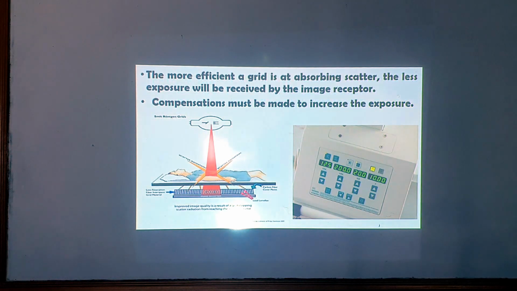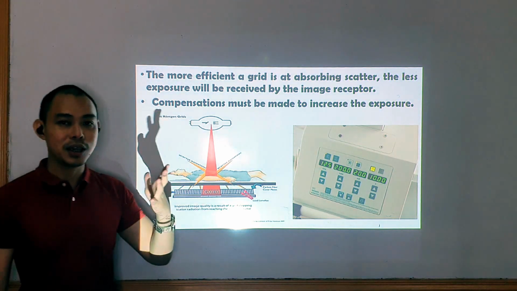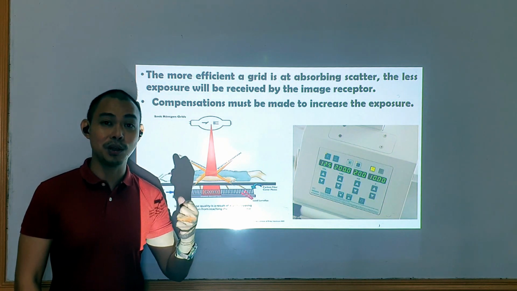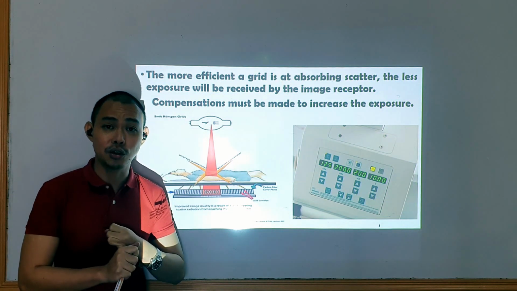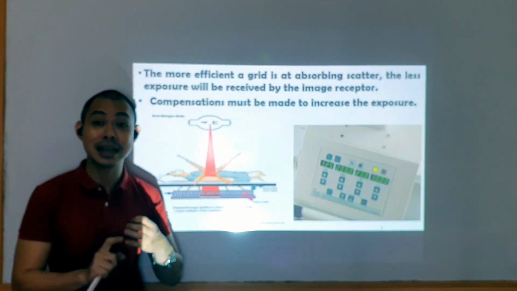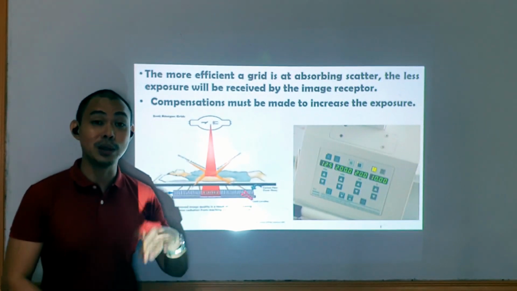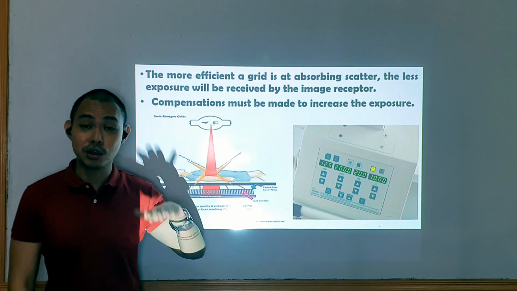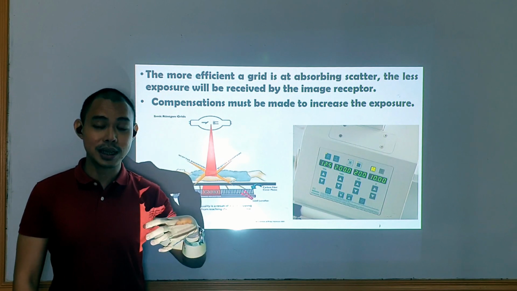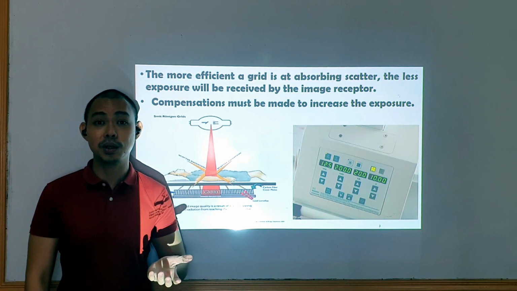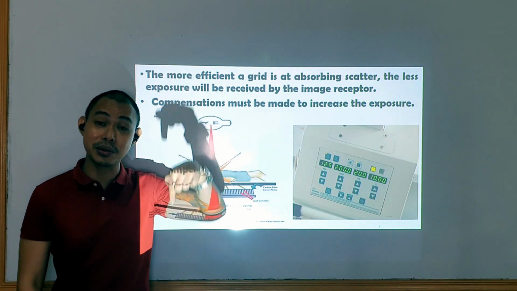So the more efficient a grid, guys, is at absorbing scatter, the less exposure will be received by your image receptor. Can you imagine this one, guys? As much as possible, we need to eliminate or significantly reduce scatter radiation that will reach your image receptor. Because if more scatter radiation reaches your image receptor, what will happen to your contrast? It will decrease, right?